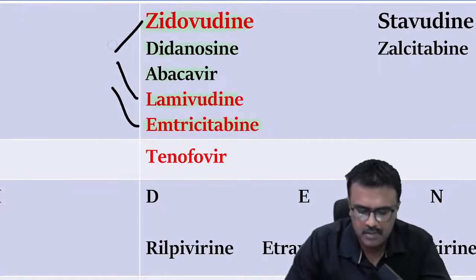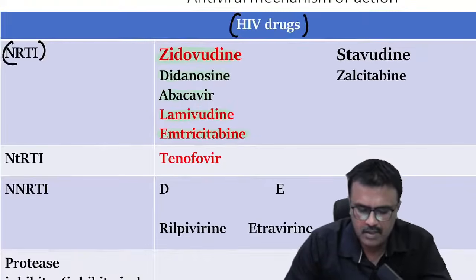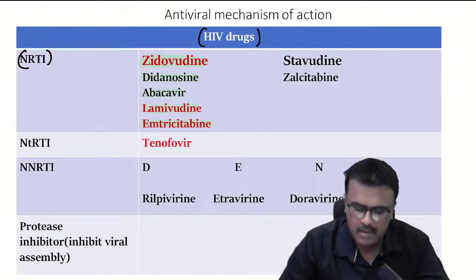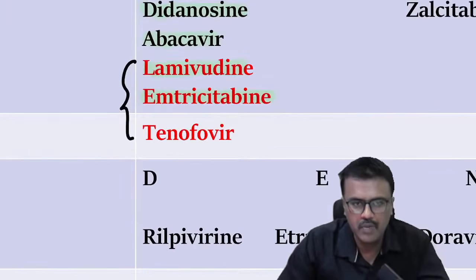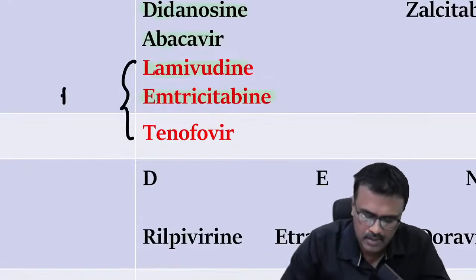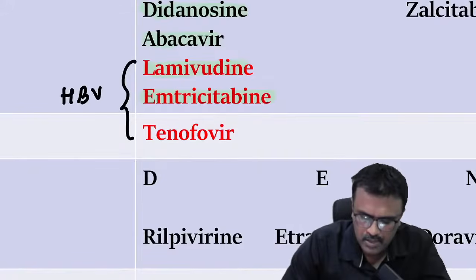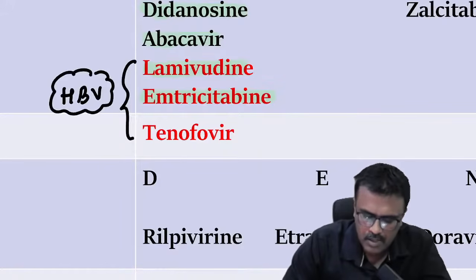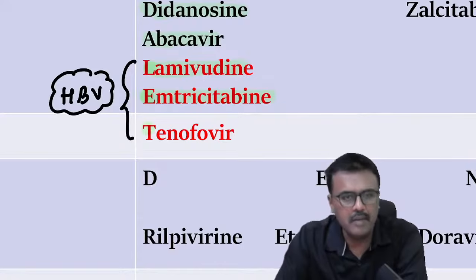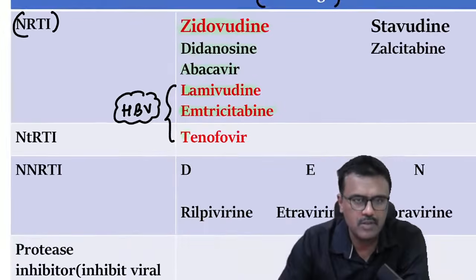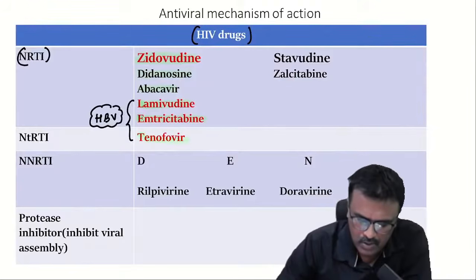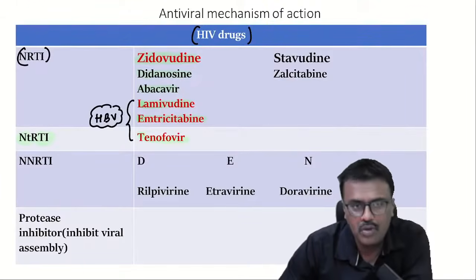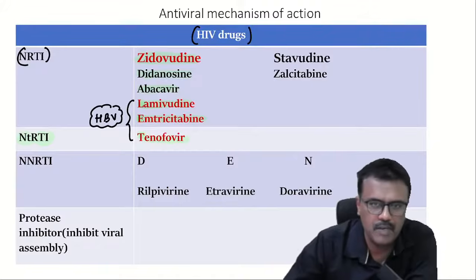Not that. These three. LET: lamivudine, emtricitabine, tenofovir. These three are also used to manage hepatitis B virus. Remember the mnemonic LET: lamivudine, emtricitabine, tenofovir. They are also used for managing hepatitis B. Tenofovir is also called NtRTI, nucleotide reverse transcriptase inhibitor.